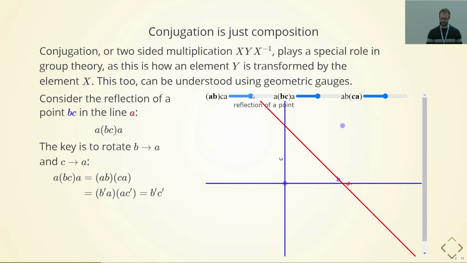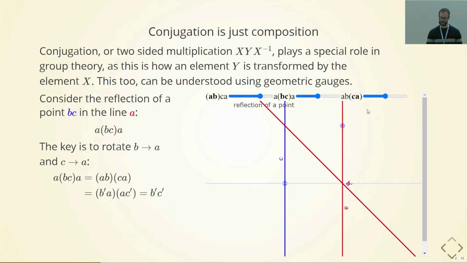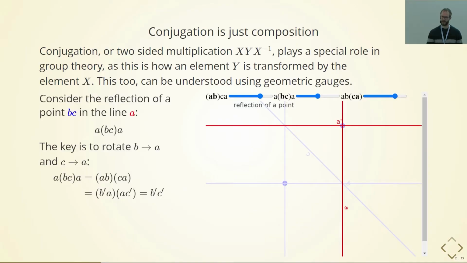I take the line B and rotate it until it becomes A. Then I rotate C until that also becomes the original A. At that point, it disappears, and I'm left with the reflected point here, where now two orthogonal lines intersect. Right? So that explains very nicely how with the geometric gauges you can even explain how composition works. That's also why we say that these elements double both as the transformation and the element itself. It just depends on if you act from both sides, then it actively becomes a transformation.